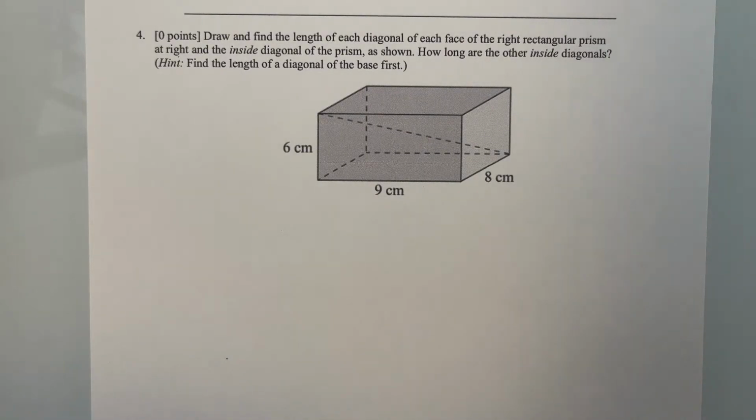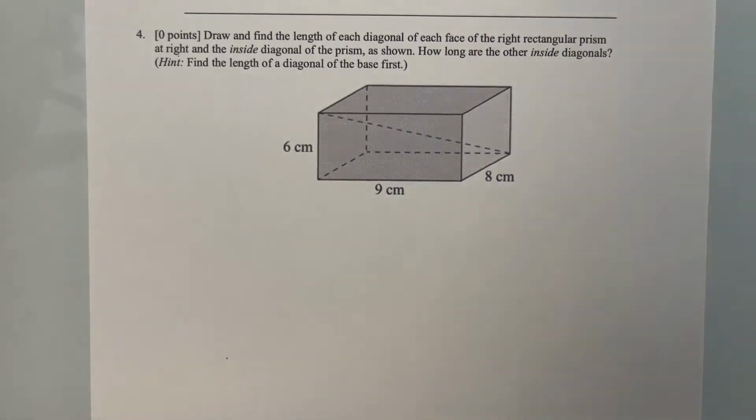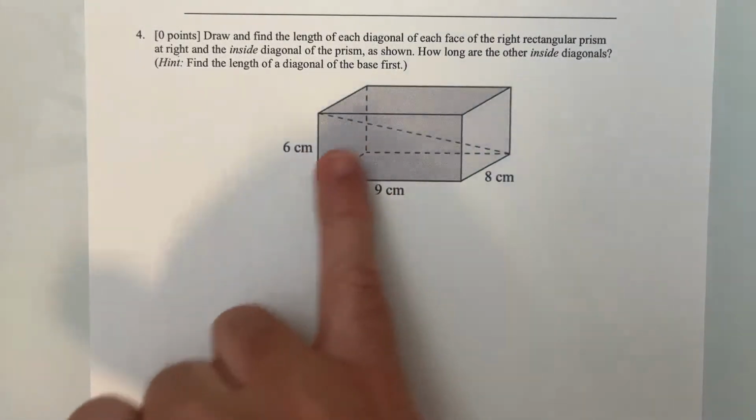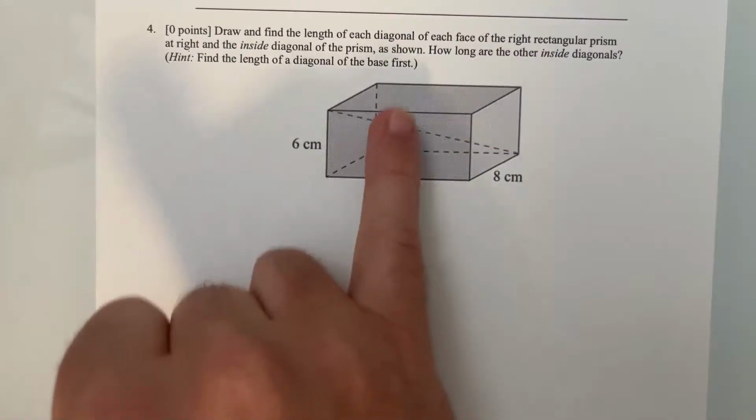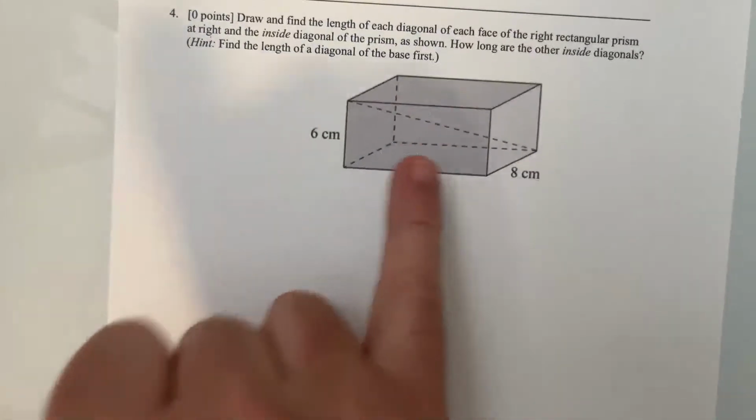So it says draw and find the length of each diagonal of each face. So yeah, if we have this box, basically, there's 3 pairs of unique faces, if that makes sense. Like the front is going to be identical to the back. The right is going to be identical to the left. Top is going to be identical to the bottom.